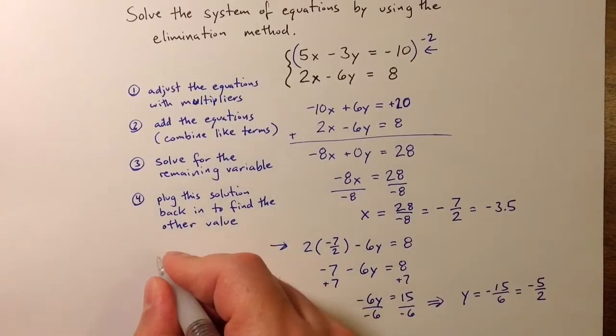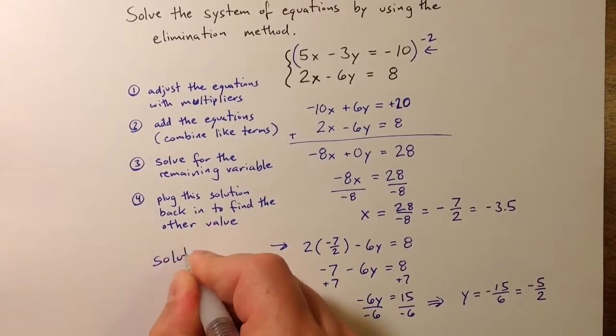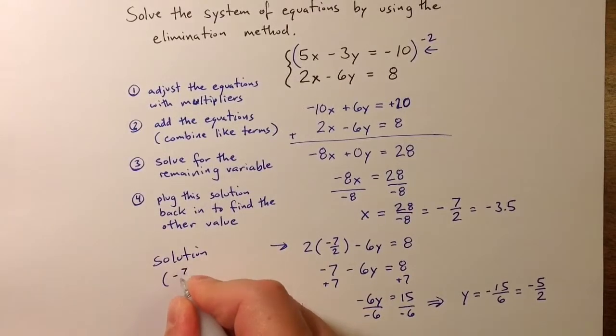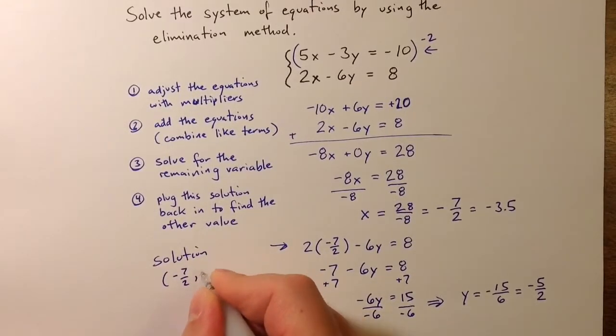So our solution is hopefully negative 7 over 2 for x, and negative 5 over 2 for y.